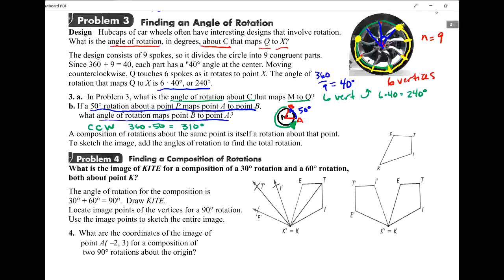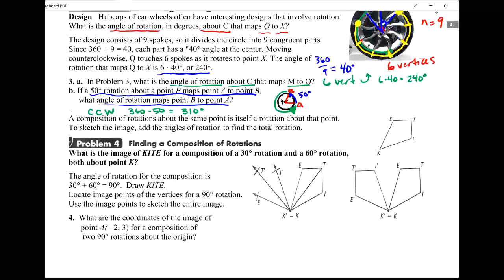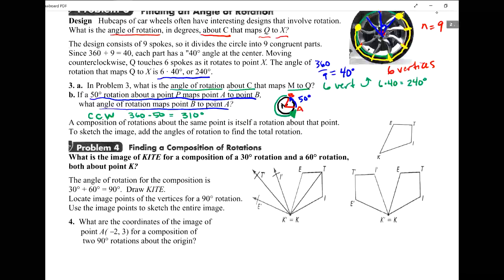All right, let's look at the next part here. This is the last section. A composition of rotations about the same point. So composition, we know what that means. That's multiple rotations. So we would go from A to A prime to A double prime to A triple prime. About the same point is just another rotation about that point.